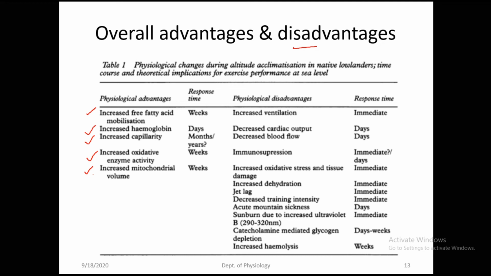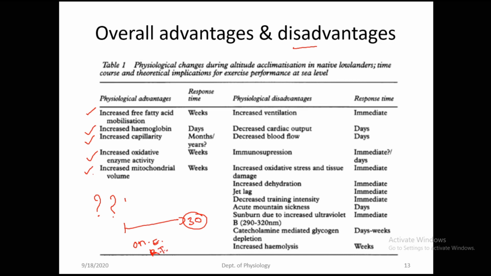So one can ask how many days are required for improvement of performance. So usually we prefer 30 days of regular training, 30 days of exposure. It can be overnight exposure or it can be regular training exposure.